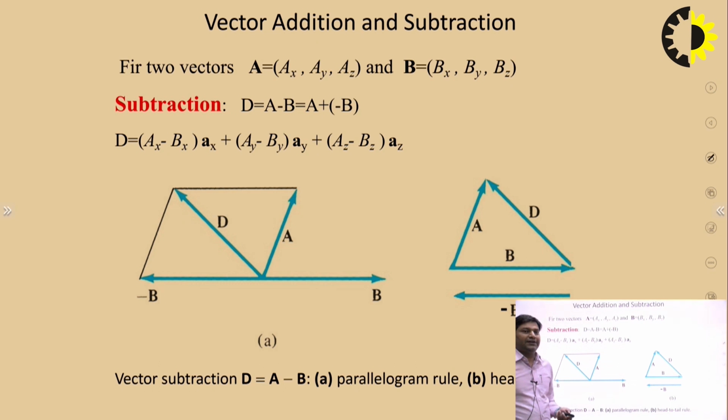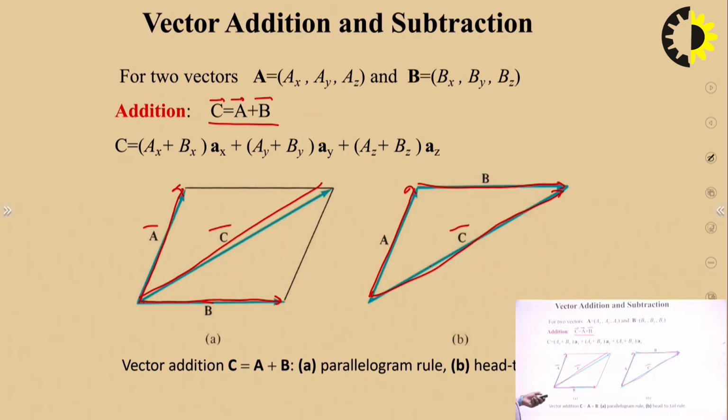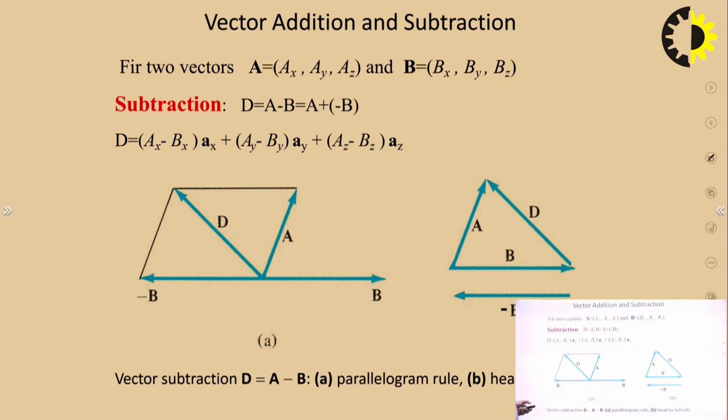So vector addition we covered in previous slides, but vector subtraction is also governed by the parallelogram rule and the head to tail rule. In that direction, if vector a is defined here and vector b is defined here, then minus b is the opposite of that particular vector, defined by the minus vector b.